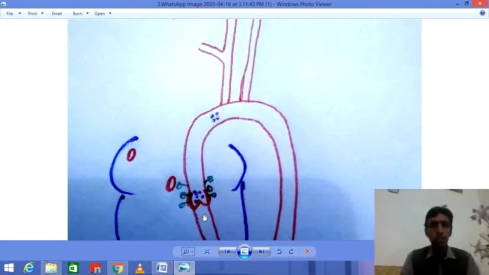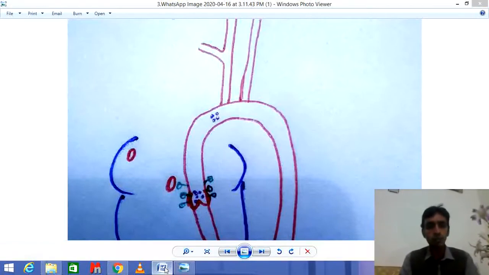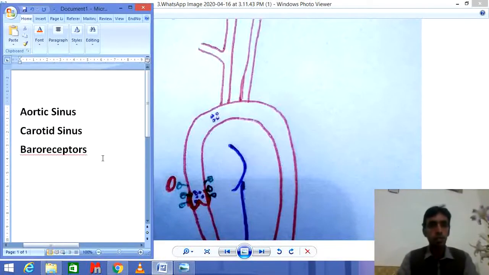So these bodies are called aortic bodies, and those which are present on the common carotid artery, or the internal carotid artery, are called carotid bodies.